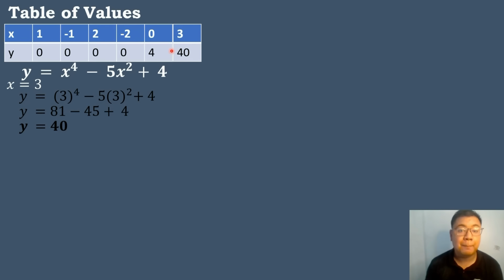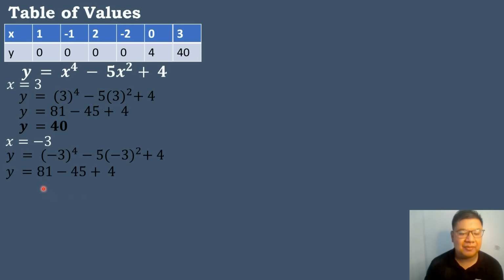So we have (3, 40). And then after that, let's have x is equal to -3, because the number beside -2 is -3. So let's substitute -3. We have y is equal to -3 to the fourth power minus 5 times -3 to the second power plus 4.